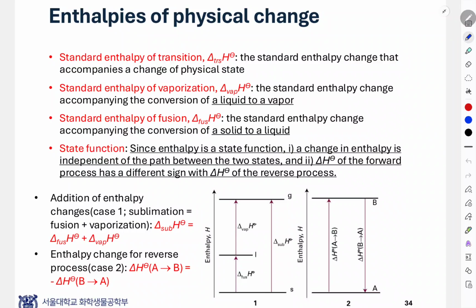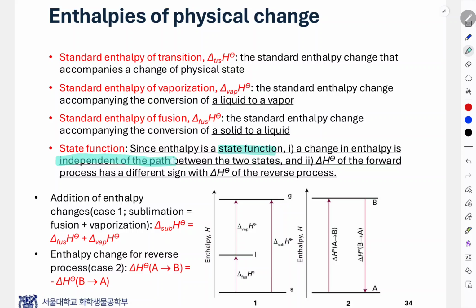The important thing to remember for the enthalpy of a physical change is that enthalpy is a state function. First of all, a change in enthalpy is independent of the path between the two states.